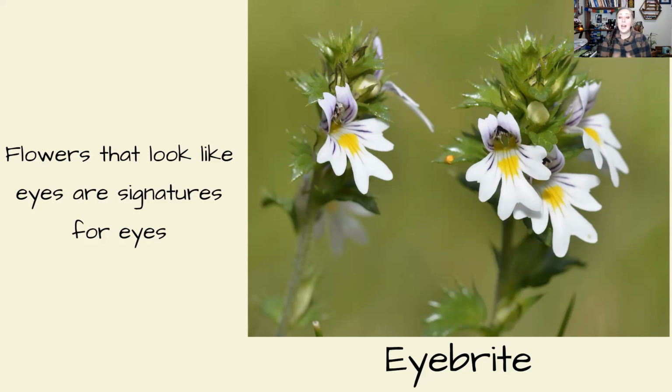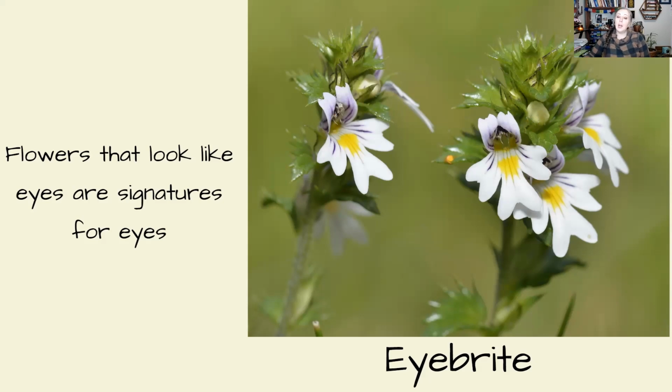Okay, so flowers that look like an eye are remedies for the eye. Now, our example here is eye bright. Now, I understand this flower doesn't necessarily look like an eye, but look behind it over here. Before the flowers open, that sure resembles an eye to me.